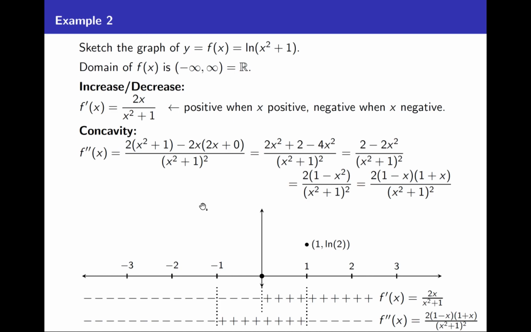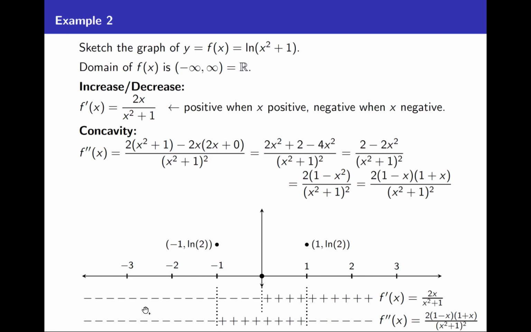That's also ln of 2. So we'll plot that point right there. So we have, so far, 3 points on our graph of f of x plotted: this inflection point, this other inflection point, and remember, this point here, that's a local minimum.